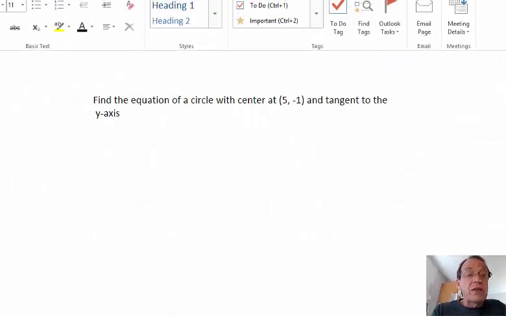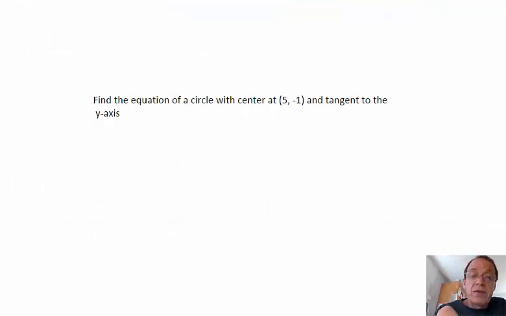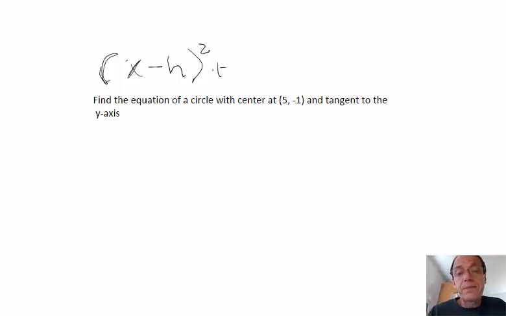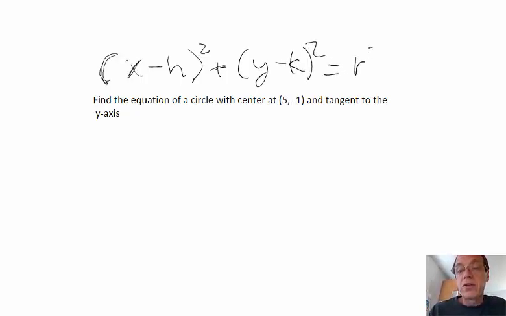Now that I've figured out the radius, the standard form of an equation of a circle is x minus h squared plus y minus k squared equals r squared.